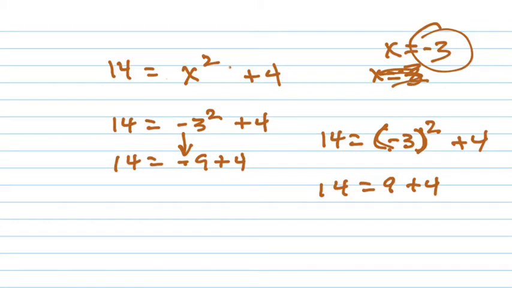What you're squaring is a negative 3, not just a 3. If you just saw 14 equals minus 3 squared plus 4, wouldn't you square the minus? No. This means only square the 3. What is the thing the exponent is touching? Just the 3. This means square the negative and the 3. They were getting the meaning right, but they had written it wrong.